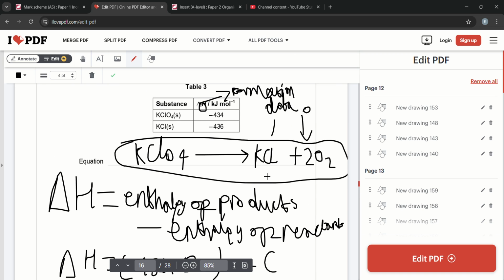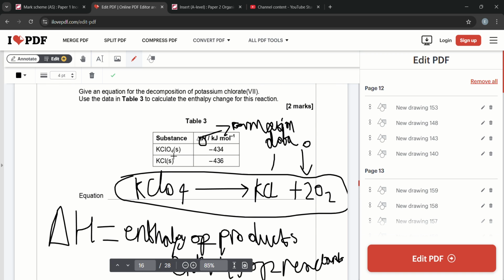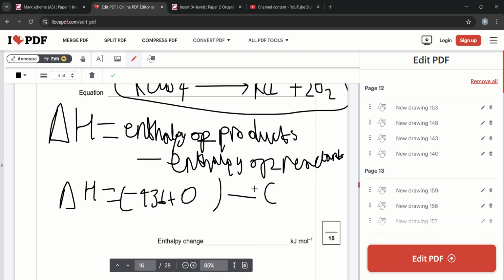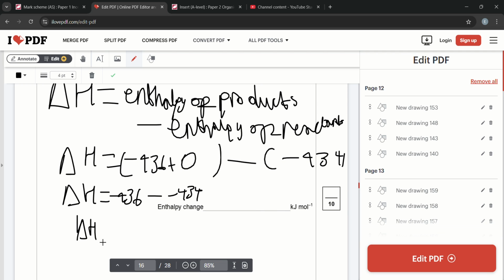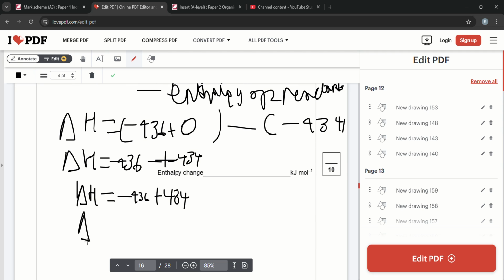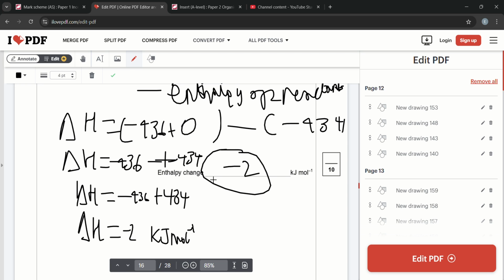Then minus KClO4, because that's the reactant, minus 434. So delta H equals minus 436 minus minus 434. Two negatives become positive, so delta H equals minus 2 kJ mol^-1. The enthalpy change is minus 2 kJ mol^-1.